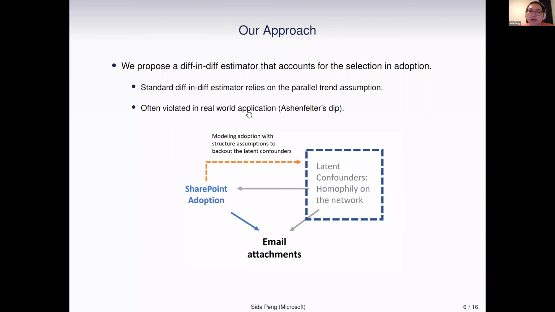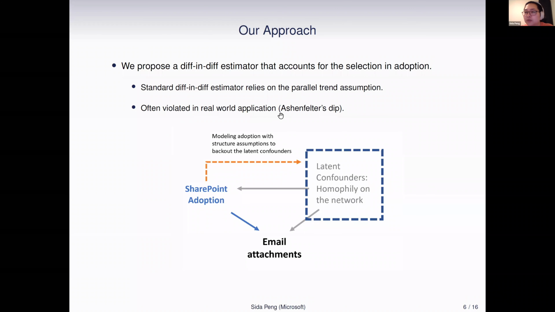So, within the difference-in-differences framework, what we are talking about is specifically the violation of one of the fundamental assumptions called the parallel trend assumption. I'll be more precise about that in the next section. This is a key assumption for identification of the difference-in-differences effect, but it's often observed to be violated in real-world applications.